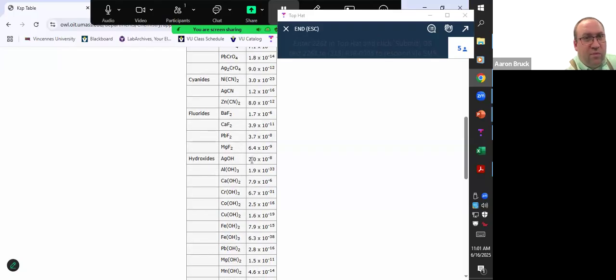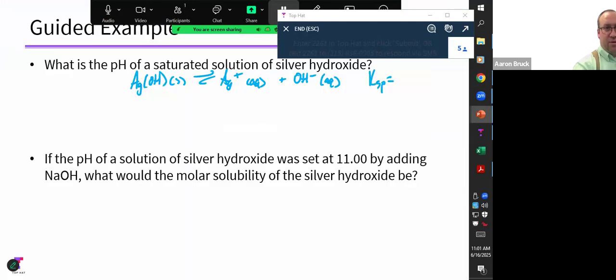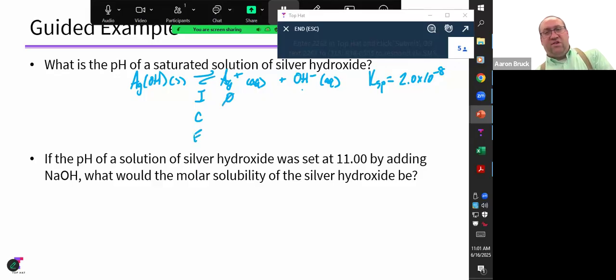I'll take it from UMass. 2 times 10 to the negative 8. So setting up our ICE table, we would have no silver initially, no hydroxide initially.